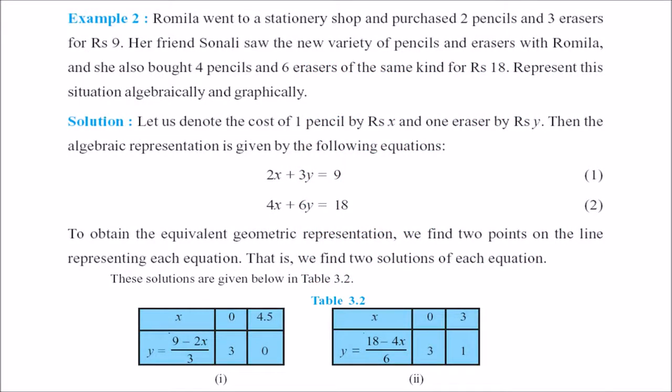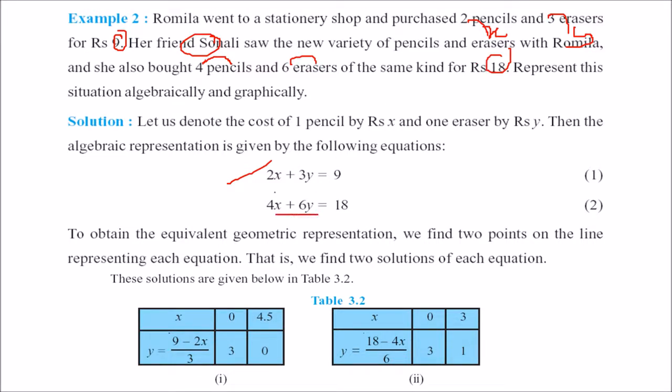Let us take one more problem. Romila went to a stationery shop and purchased 2 pencils and 3 erasers for ₹9. Let us take pencil as x, eraser as y. So 2x plus 3y is equal to 9. Similarly, for the second friend, Sonali, she took 4 pencils, 4x, and 6 erasers, 6y, and it came to 18.